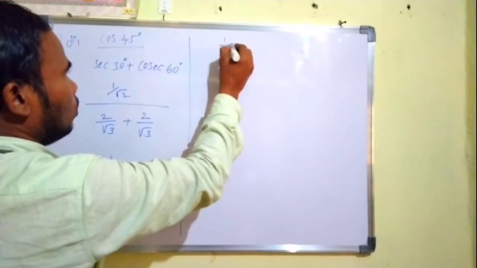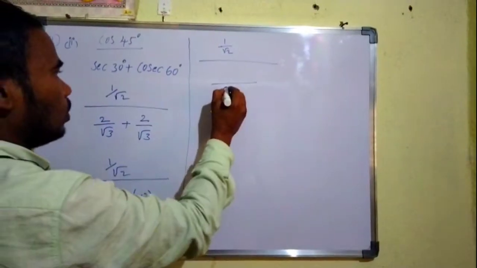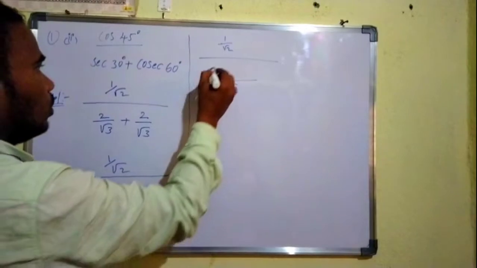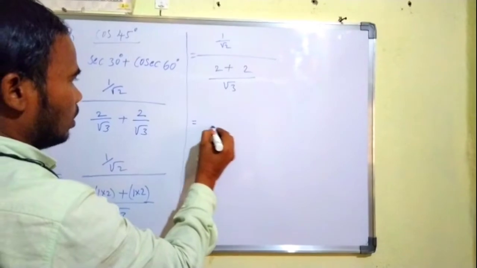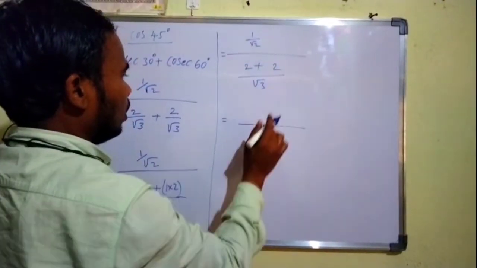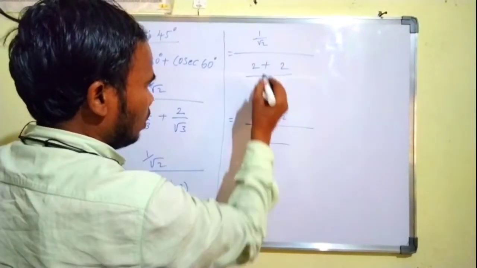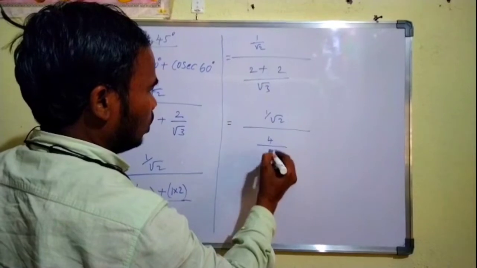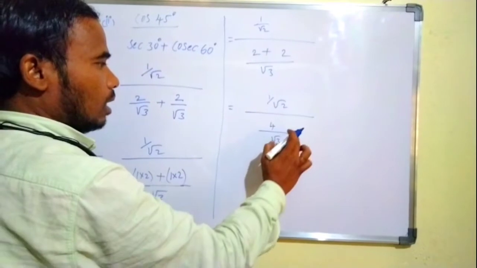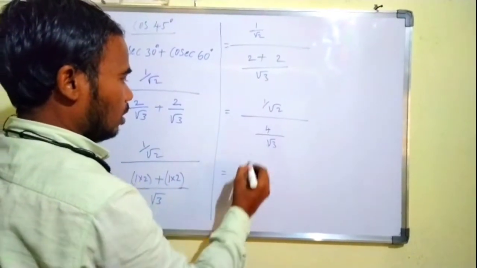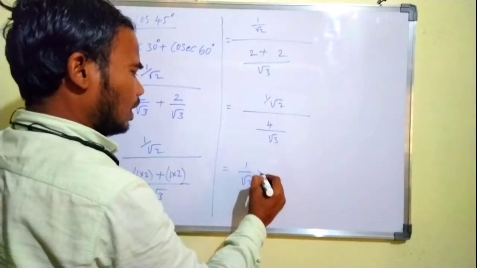So next step, the numerator is 1 by root 2. The denominator again has root 3. So 1 into 2, 2 plus 2, getting 4 by root 3. Now we have a numerator fraction and a denominator fraction. Write the first fraction, 1 by root 2, and it is a multiplication.